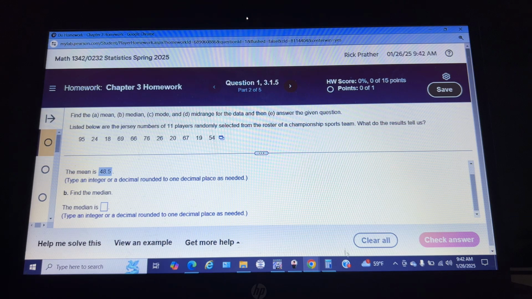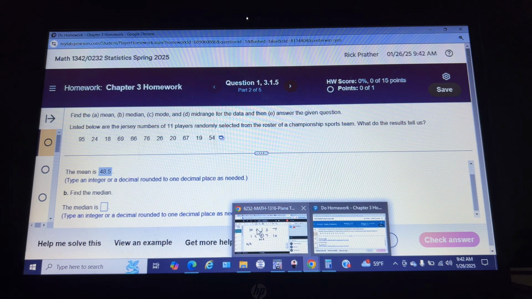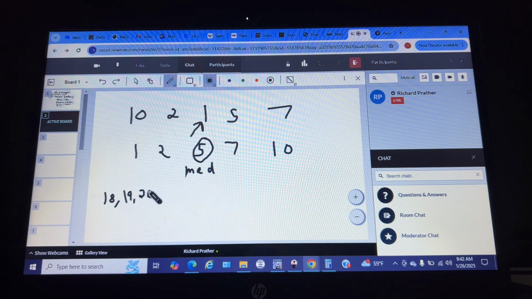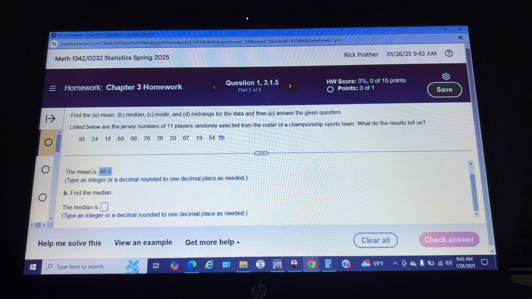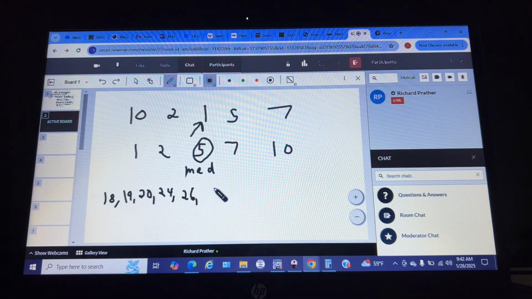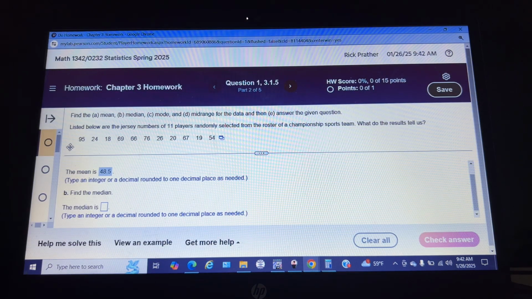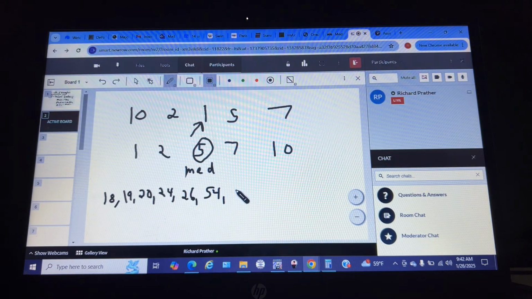So 20, 24, 26. 30s, no. 40s, no. 50s, just this 54. 60s, we got these three: 66, 67, 69.